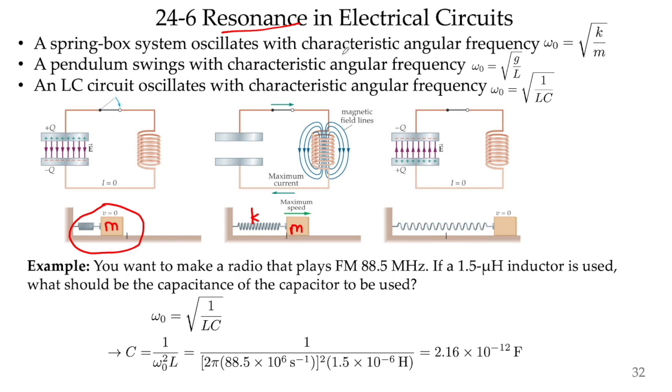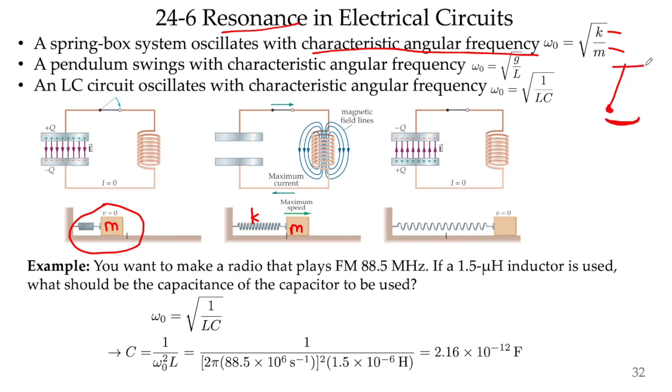But anyway, there is some characteristic frequency for a system in terms of the constants of the system. If you have a pendulum, a pendulum is something like this. It oscillates left and right.